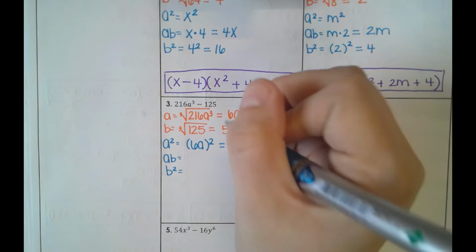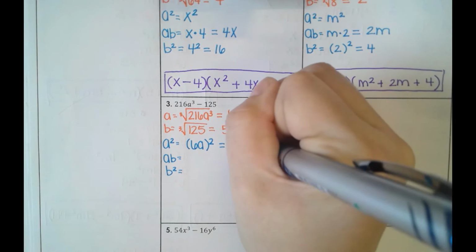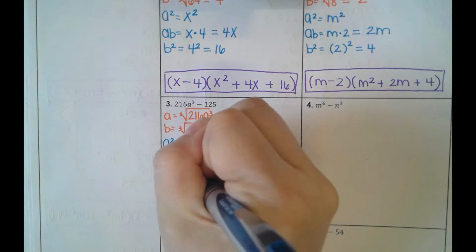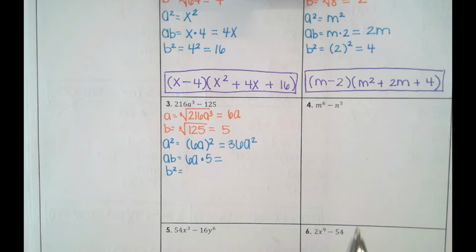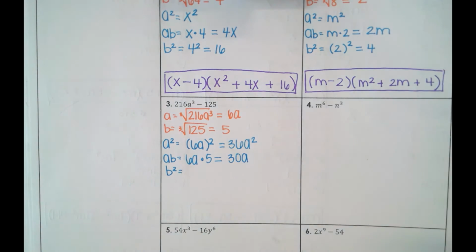So 6 squared is 36. And then a squared, well, that's just a squared. AB, that would be 6a times 5. And we can multiply 6 and 5 to get 30. And then I still have that a.